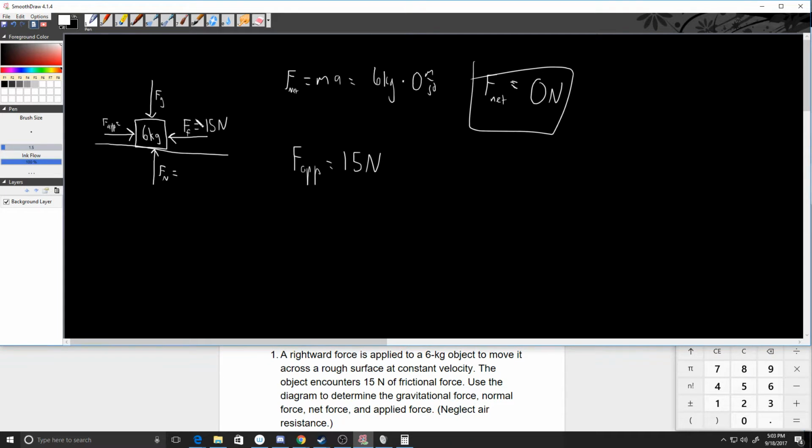If this one's 15 newtons in that direction, I could call that negative 15 newtons. That means the amount I'm applying has to be equal, but in the opposite direction. All right, we got 2 of the 4 done.